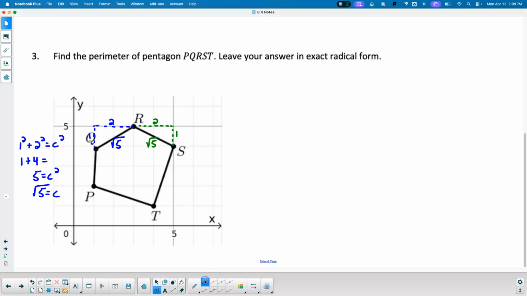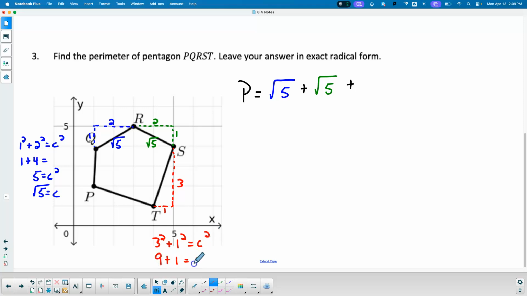So far my perimeter has the square root of 5 plus the square root of 5 plus the next one. Here is this one. That's got a side length of 3, a side length of 1. So that's 3 squared plus 1 squared. That's 9 plus 1. That's 10.